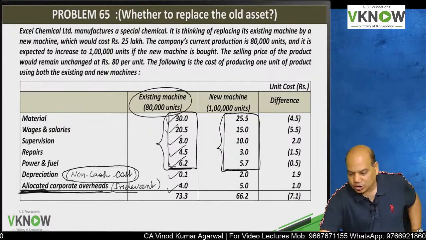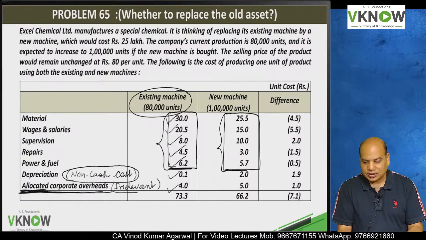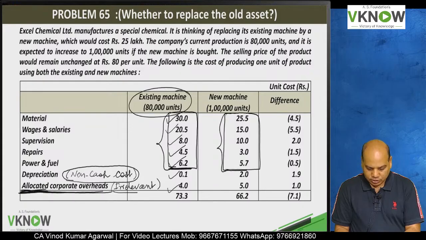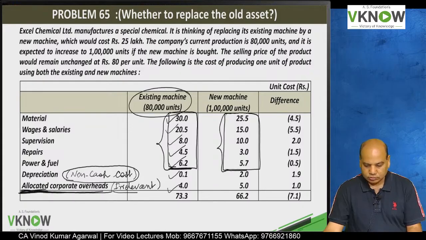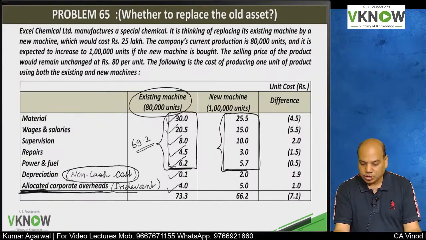Anybody who would like to contribute in the discussion, or as usual remain a silent spectator? 30 plus 20.5 plus 8 plus 4.5 plus 6.2. So your current cash cost of production is 69.2 per unit.